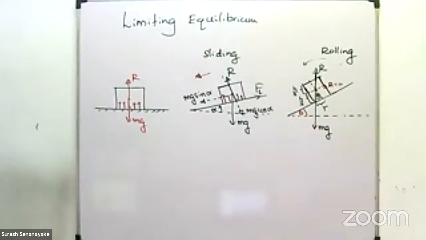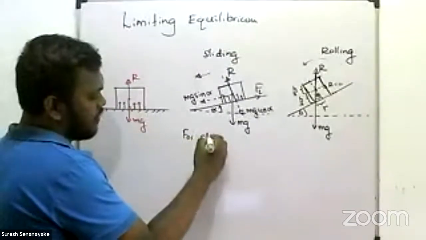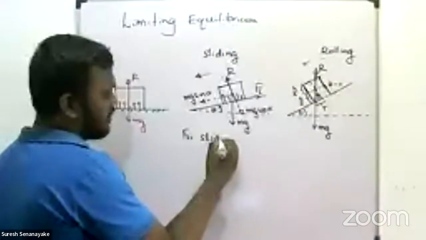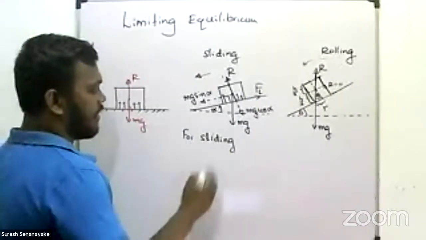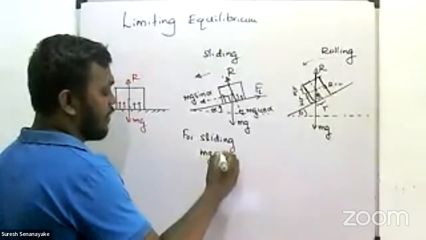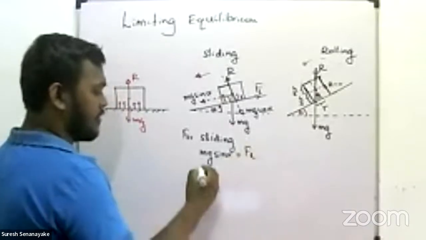You can draw this one also as a second example. For sliding, it starts sliding. This is also a limiting case, right? At the start of sliding, mg sin alpha equals the maximum friction.